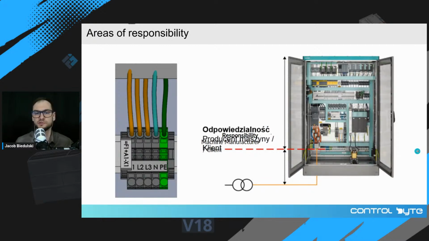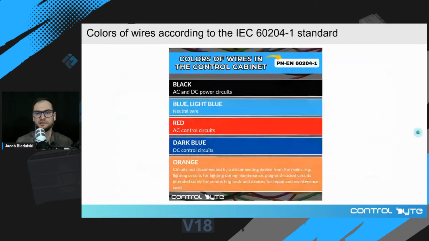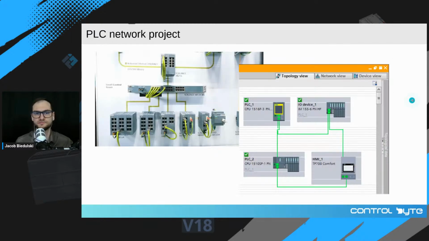You will learn how to connect a control cabinet to a power supply at your client's factory, at your client's plant. We'll also give you an introduction into colors of wires in the control cabinet. There is a standard that says which wire of which function has a designated color.